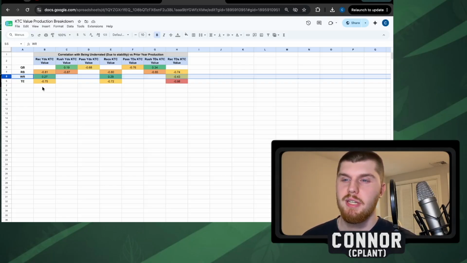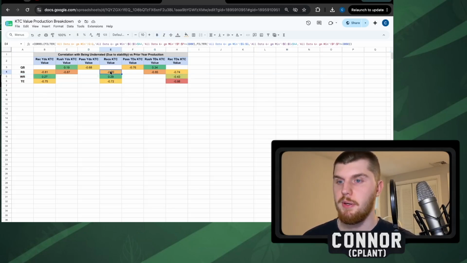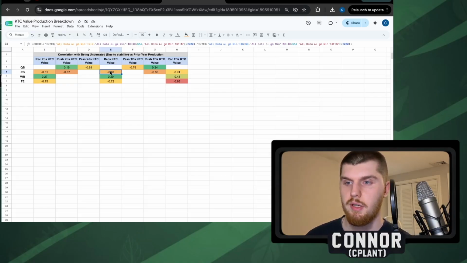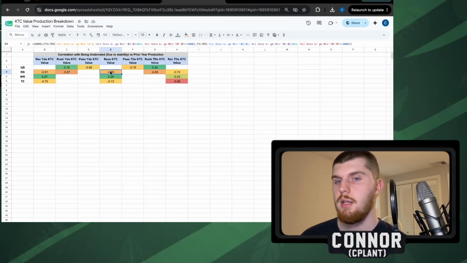I would take it with a grain of salt that receiving work at running back is not as stable. I know from past experience that rushing is not as stable. So really, maybe amend that receiver thing to include receiving for running backs as well, because the top end receiving running backs are generally going to continue to get receiving work, right?